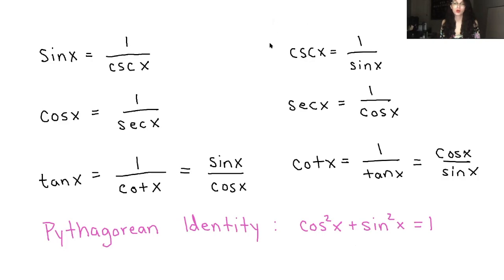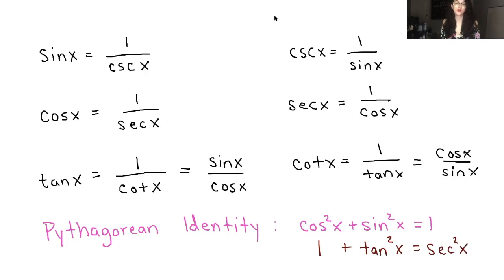And so with this, we could also use these identities here to come up with the other two identities. So if I were to divide both sides by cosine squared, we would get cosine squared divided by cosine squared is 1, plus sine squared divided by cosine squared is going to be tangent squared, and then 1 divided by cosine squared is going to be secant squared.